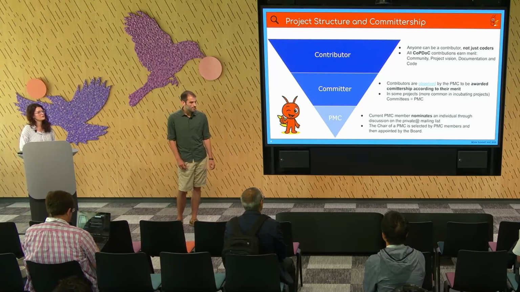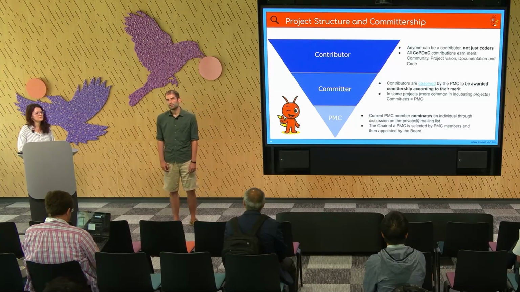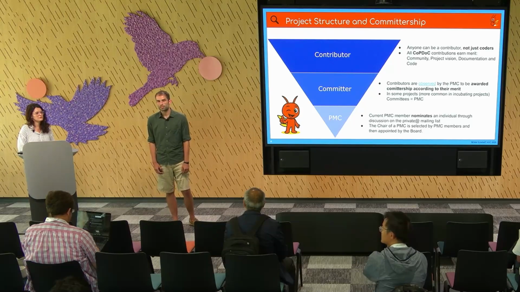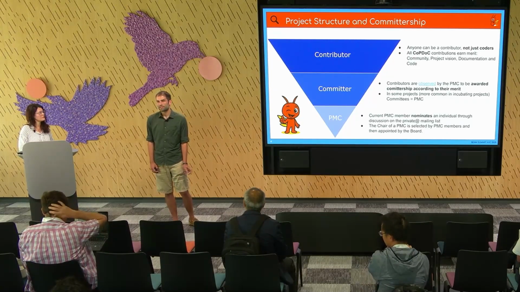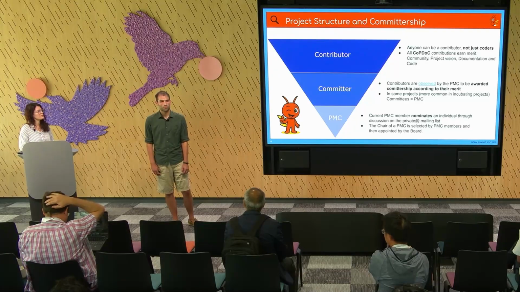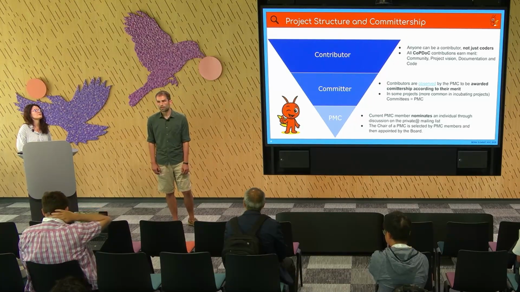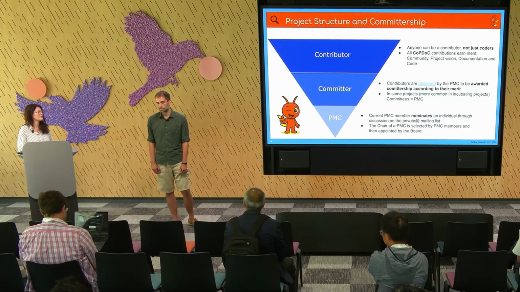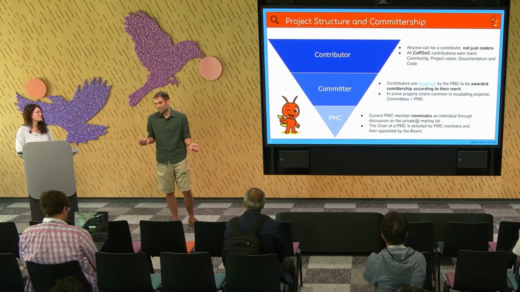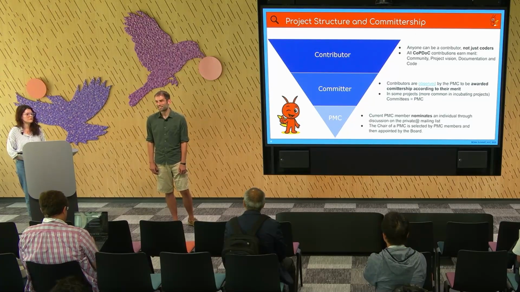And then the last role you'll hear people talk about is the PMC. And the PMC is responsible for oversight of the project. The biggest thing that I think that entails is being responsible for approving releases that go out into the world. But there's also some other project governance that goes on. There's not a ton of special privileges that come with that.